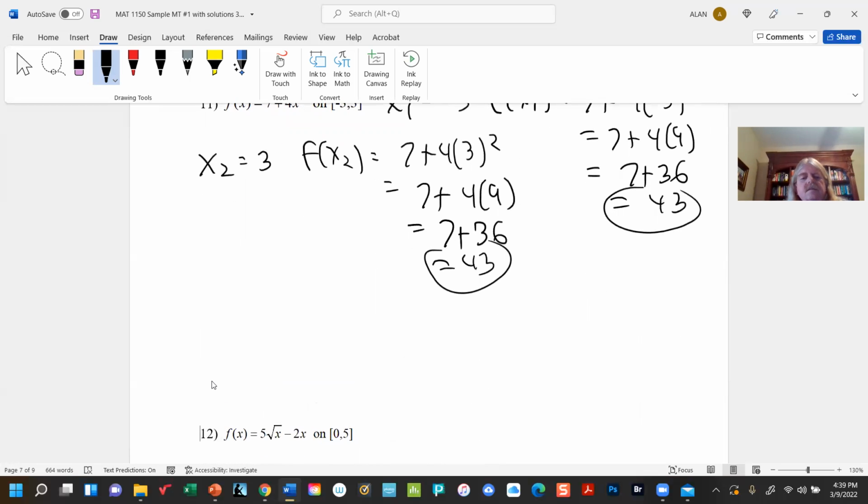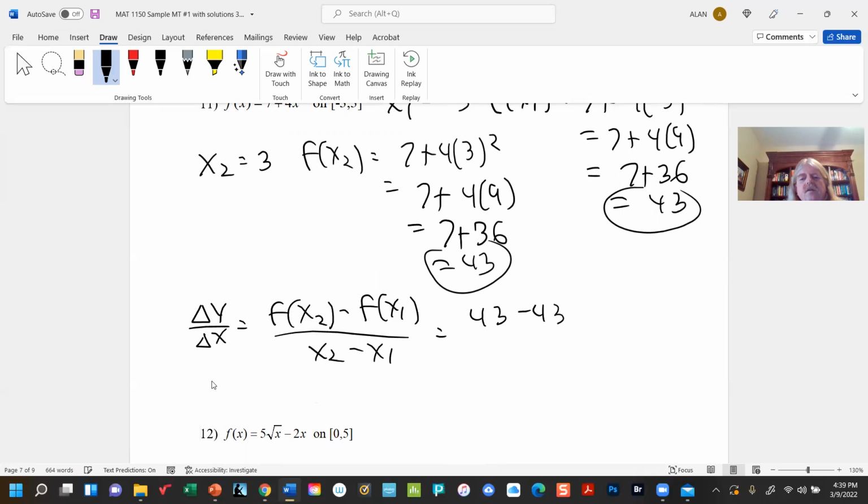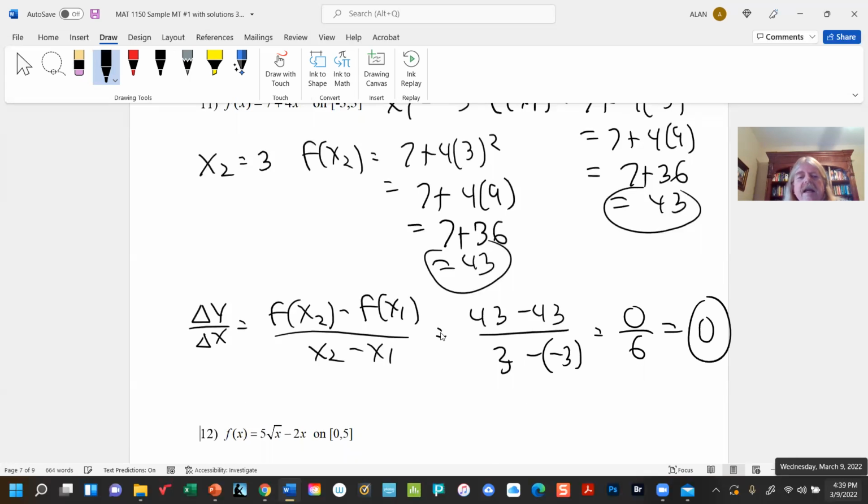So in other words, -43 minus 43 over 3 minus -3. It doesn't really matter. It's just 0.